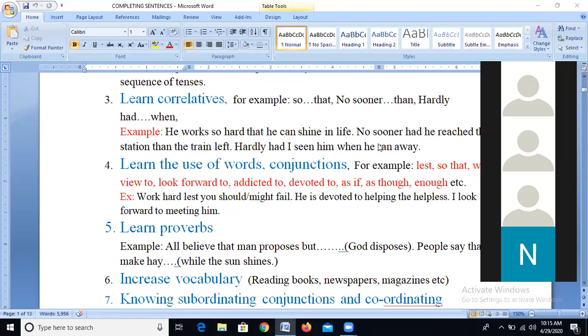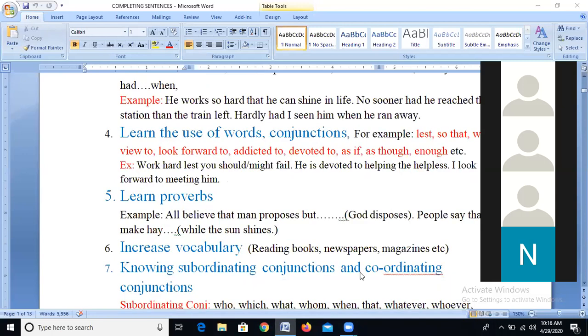After which grammatical rules, for example, work hard lest you should or might fail. Lest is a conjunction.